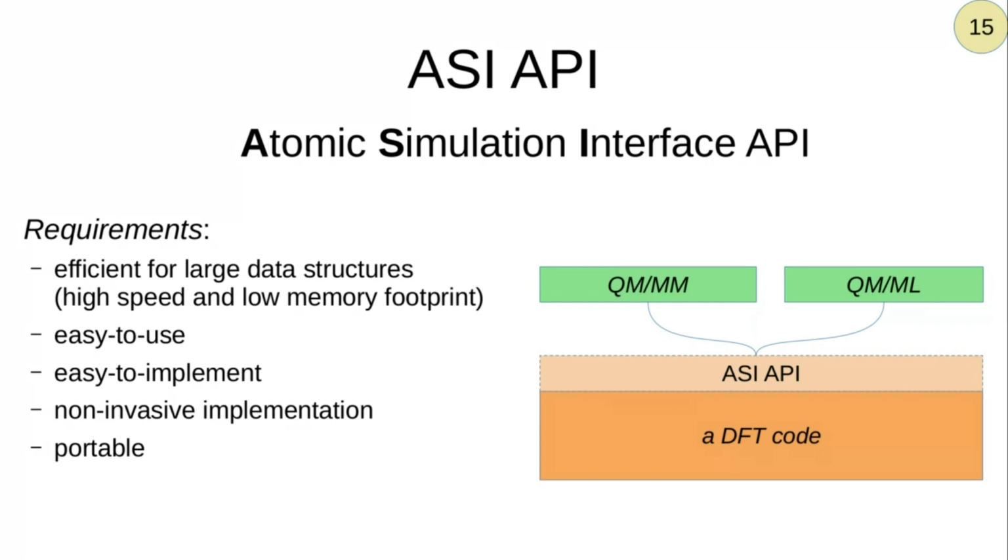So it would be nice to see this API implemented in more and more DFT codes. Given that many modern DFT codes have a long history and a huge code base, we tried to design the API in such a way that it could be implemented as non-invasively as possible. We don't want to introduce bugs in the DFT codes that implement the API. And of course, it should be portable. Therefore, it should be usable with different languages like Python, Julia, C, Fortran, etc.